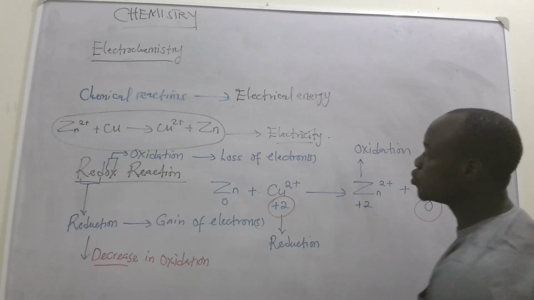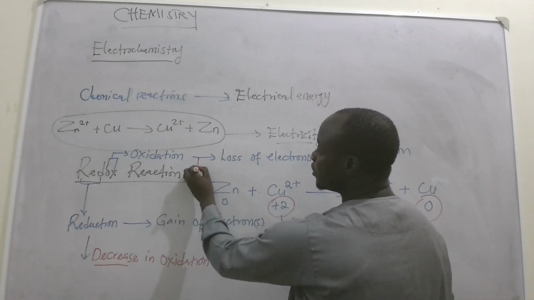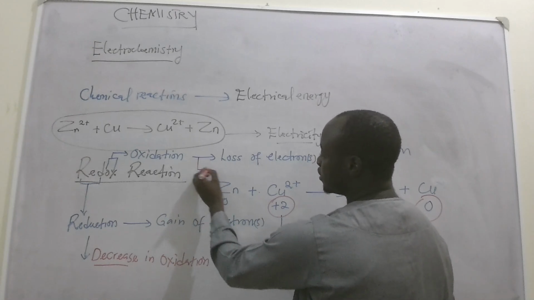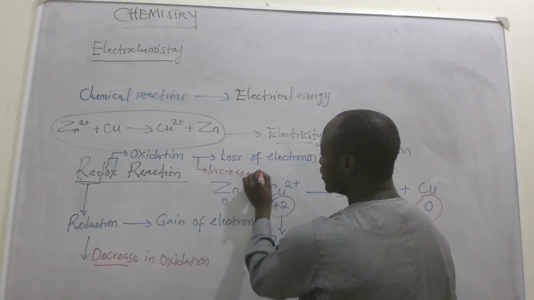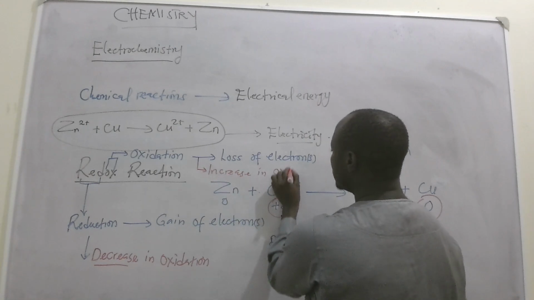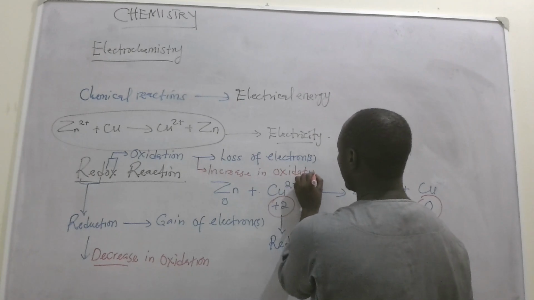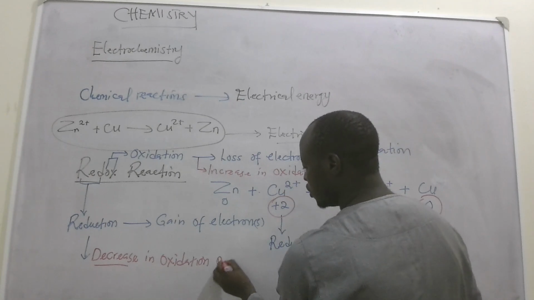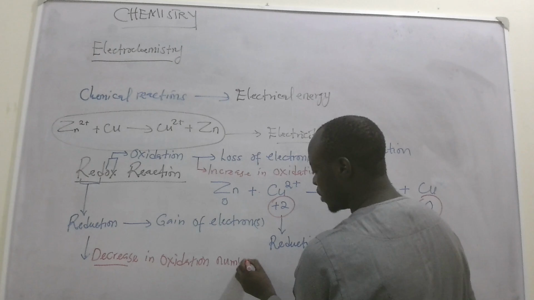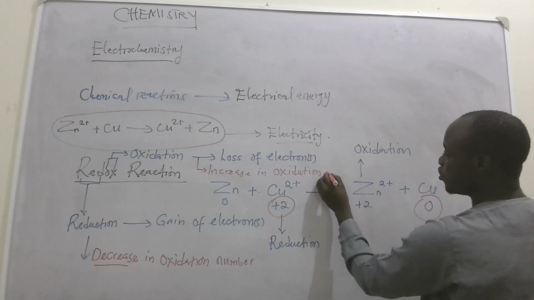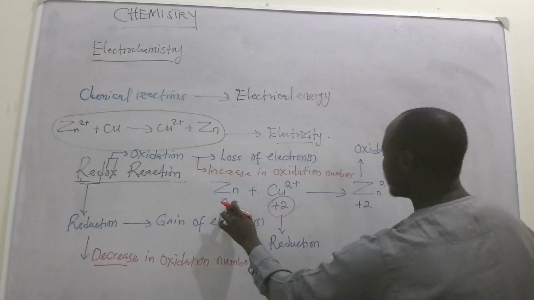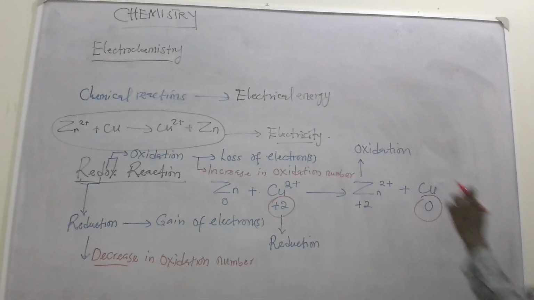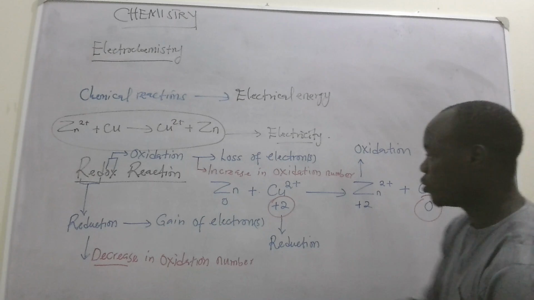Then we can also define oxidation as an increase in oxidation number. This one is a decrease in oxidation number, and this one is an increase in oxidation number. Let's see if from here to here there is an increase in oxidation number.